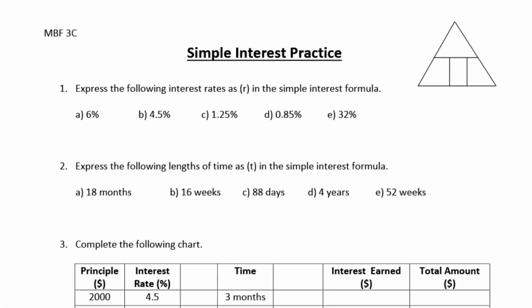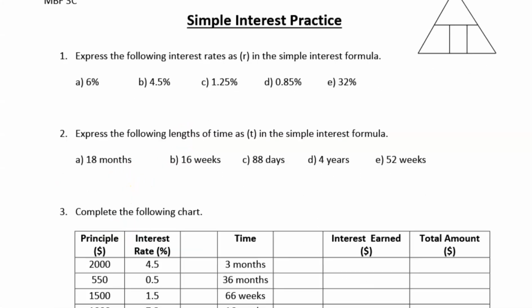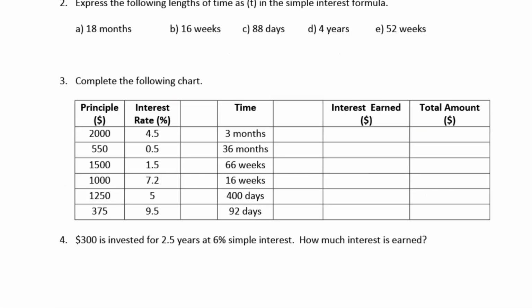So the first 2, changing percentages to decimals, changing time to years. Now this chart, I've given you a little space beside each of the rates and the time because you've got to change them into decimals and years.